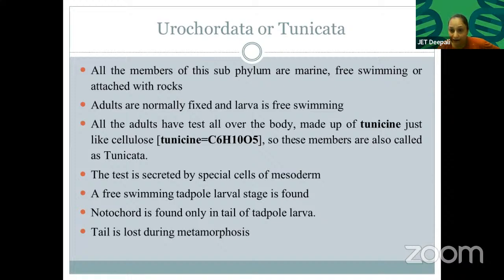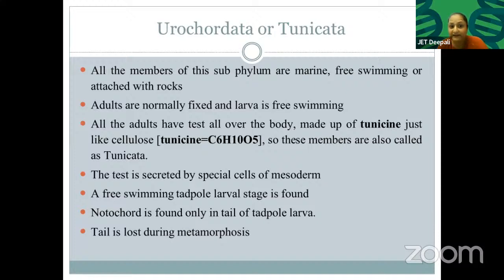During metamorphosis, these developed characteristics of chordates are lost in the adults. Because of their larval chordate characters, we are keeping them under the chordates. All the members of this subphylum are marine, free swimming or attached to rock. Once they attain adulthood, they are normally fixed. During their larva stage, they are free swimming.